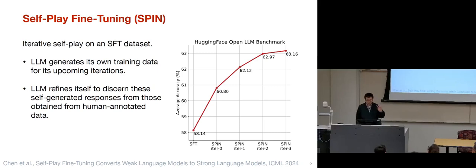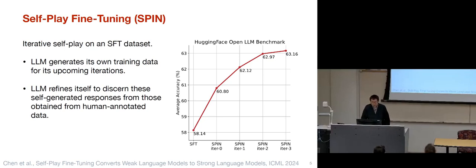Based on this idea, we designed an iterative algorithm. At each iteration, we update the model weights such that the model tries to differentiate the responses generated from the previous version of the model and the human's responses.